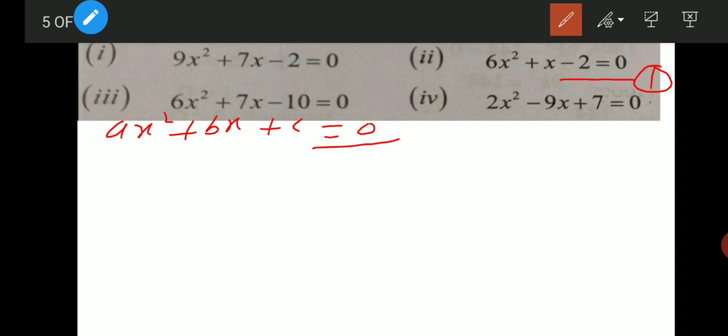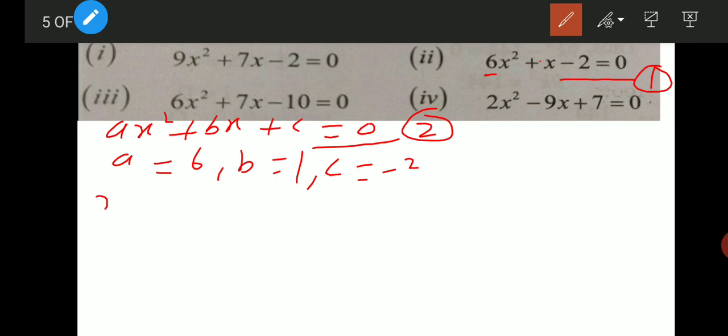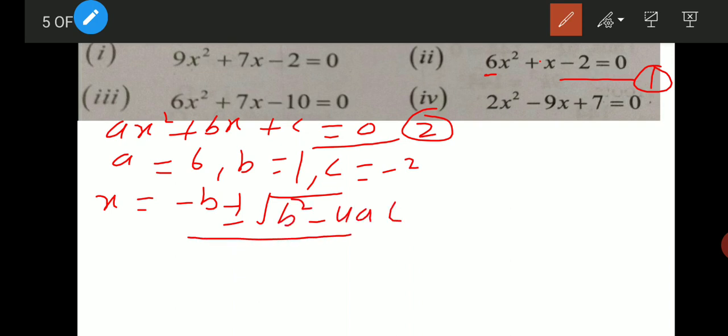Comparing, a becomes 6, b equals 1, and c equals minus 2. Now write the formula. The formula is x equal to minus b plus minus under root of b square minus 4ac, upon twice of a.